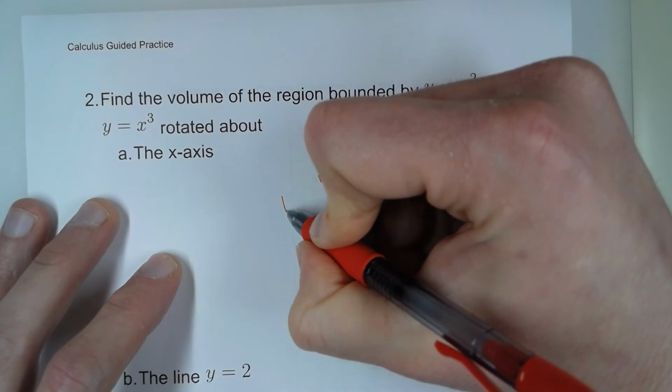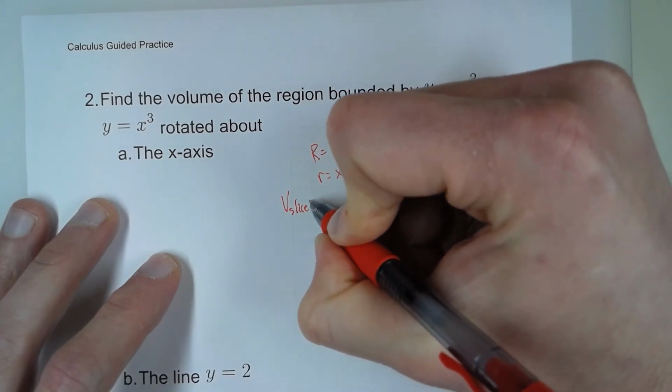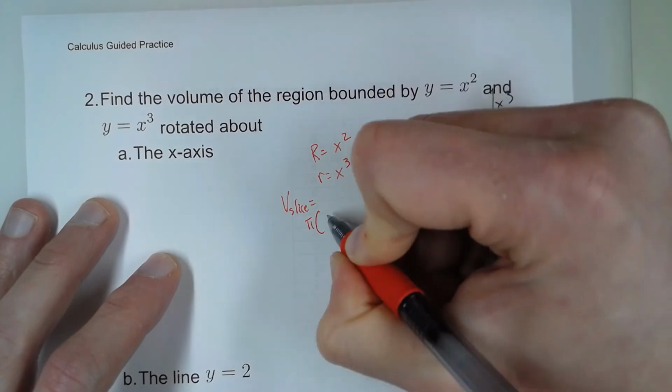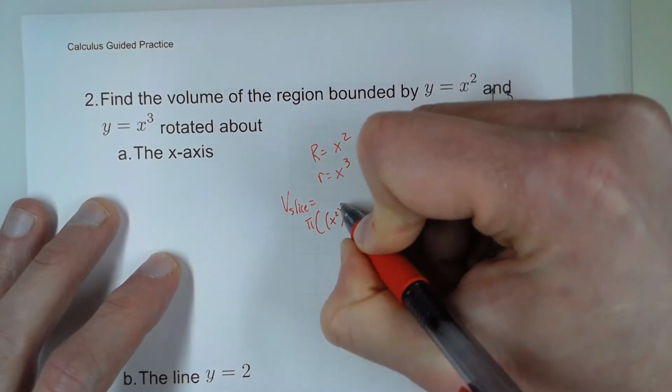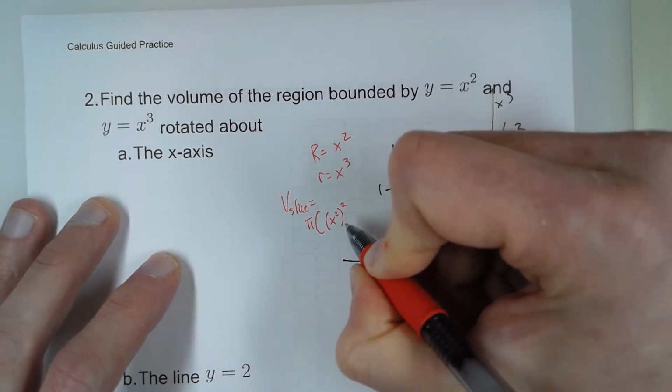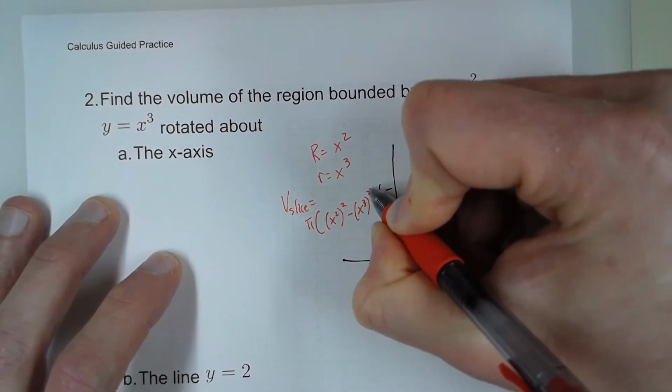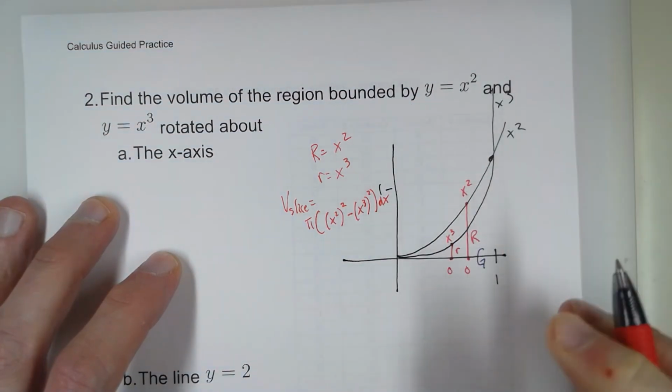So the volume of this slice is going to equal pi times big R squared. Now it's x squared already, but we've got to remember whatever big R is, we ought to square it. And the same with little r squared, dx.